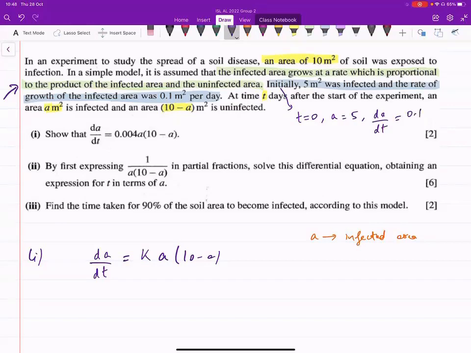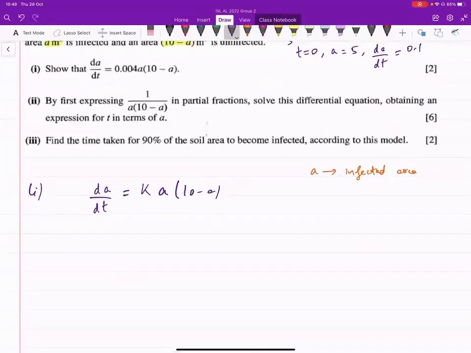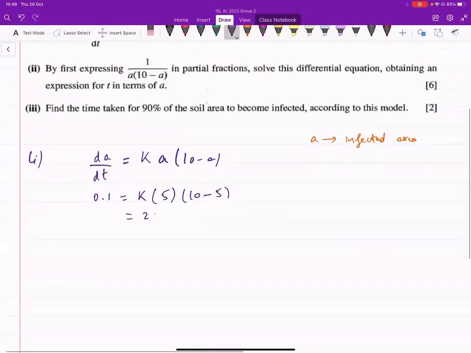ये हमारे पास एक स्पेसिफिक पॉइंट दिया हुआ है, इसको जाके इनपुट कर देंगे, उसके अंदर हमारे पास k की वैल्यू आ जाएगी. So dA over dt 0.1, k is unknown, A is 5. We will evaluate this. हमारे पास यहाँ से आएगा 25k equals 0.1.